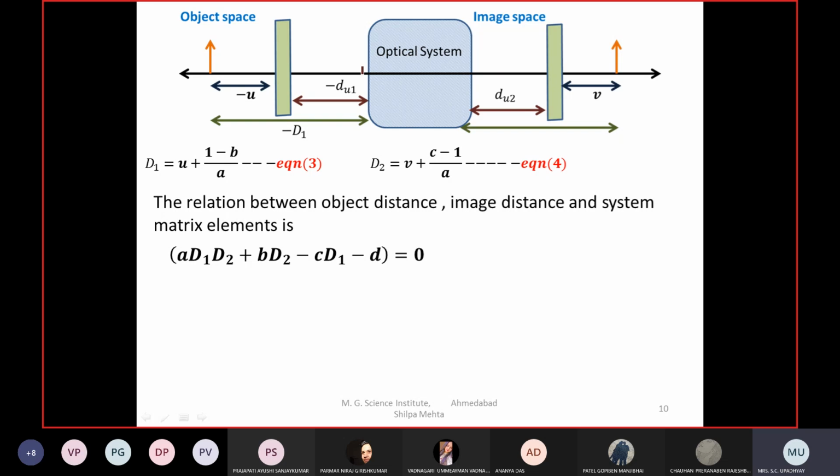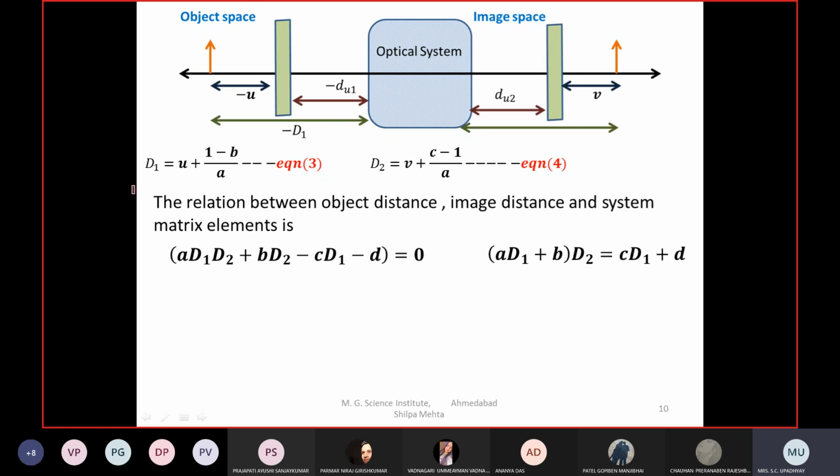The last two terms are negative, so they come to the right-hand side. And d2 is in both the first and second terms, so d2 is taken outside as common. That is (a d1 plus b) into d2 is equal to c d1 plus d.